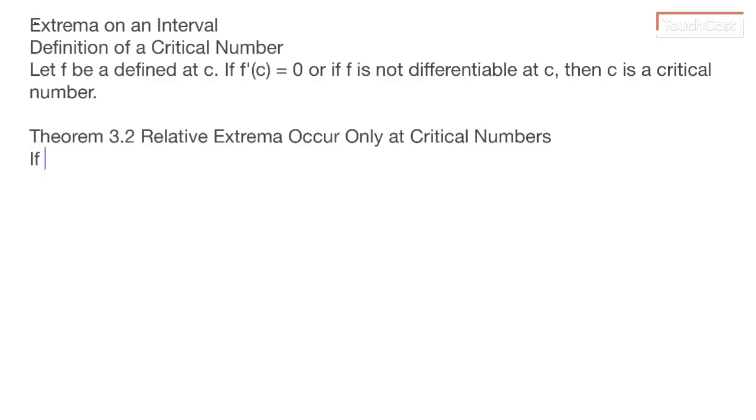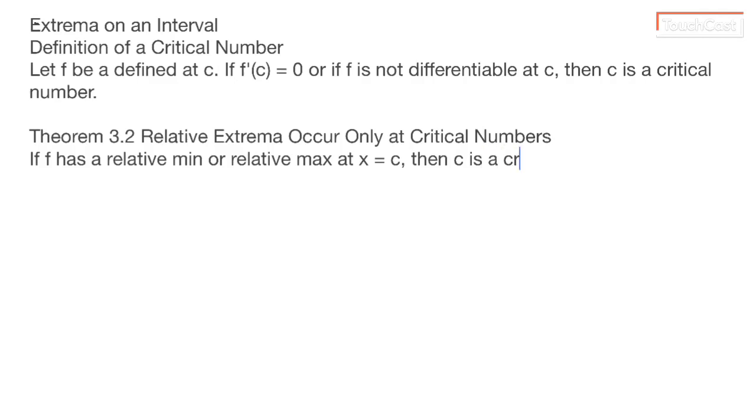So we state if f has a relative minimum or relative maximum at x equals c, then c is a critical number of f. That's all that says. Now I'm going to give you some guidelines that we can use to find extrema on these closed intervals. So let's do that.